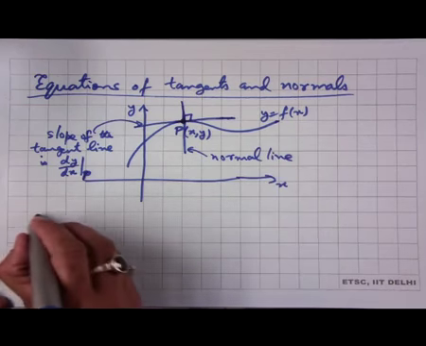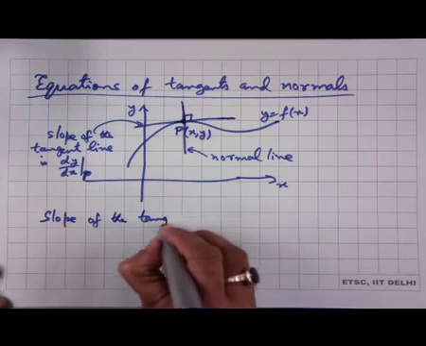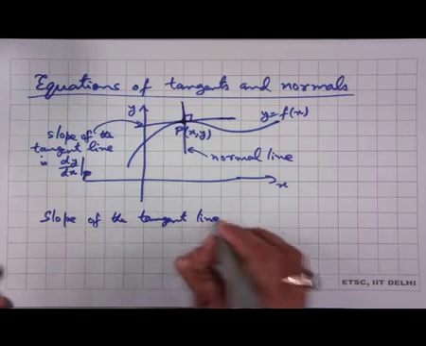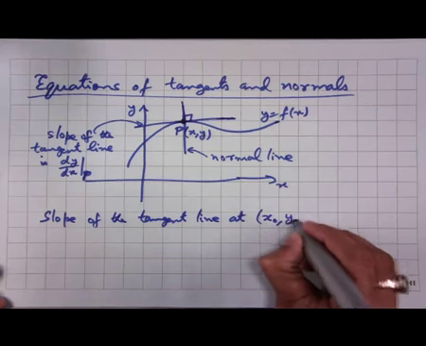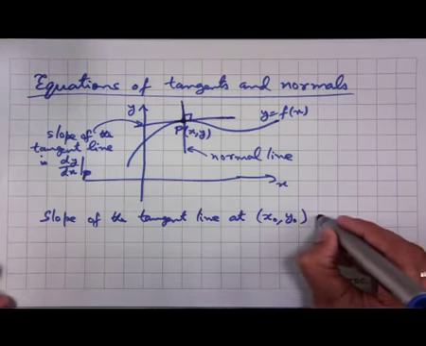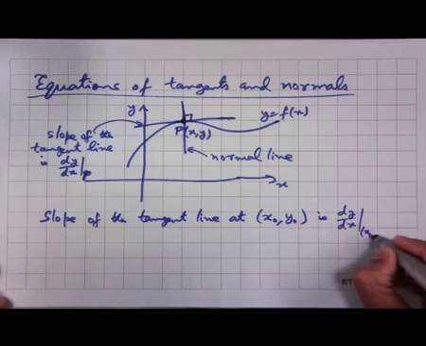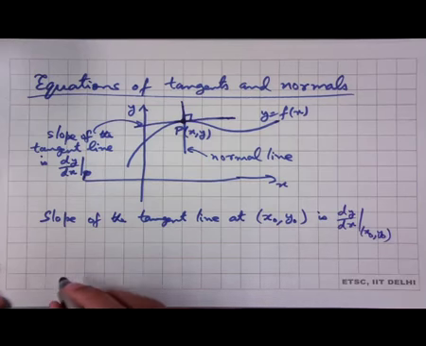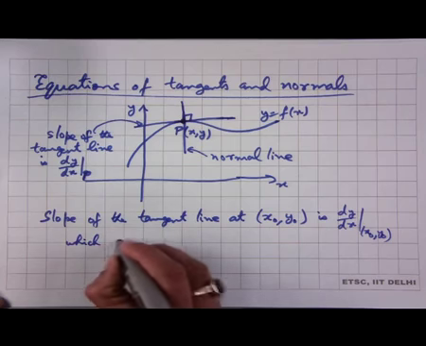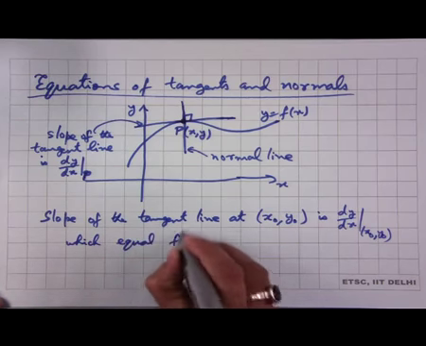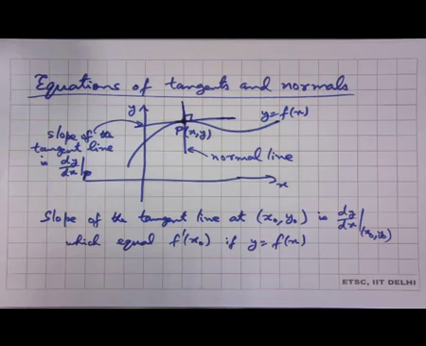So, what we know is that the slope of the tangent line at some point, say x naught y naught, is the derivative dy dx at this point x naught y naught, which is also equal to f prime at x naught if y is given as a function of x.